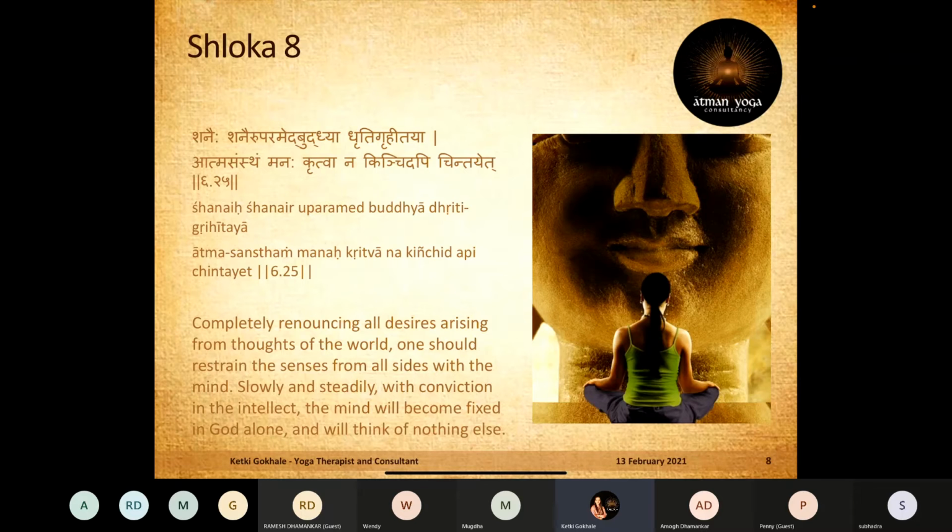Similarly, we have to train our mind and our intellect, manas and buddhi. That mind, that intellect should get fixed onto Ishvara at least for 30 seconds, then 1 minute, up to 3 minutes, 5 minutes, gradually increasing the time.